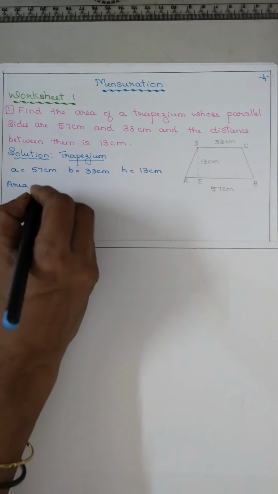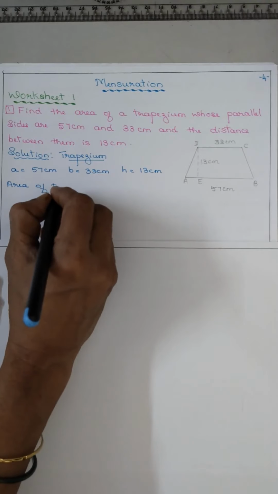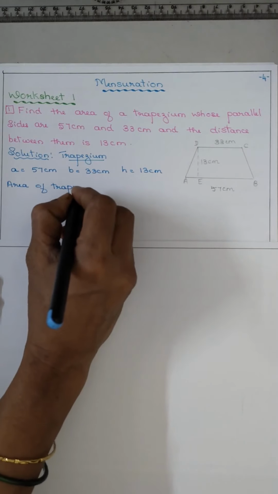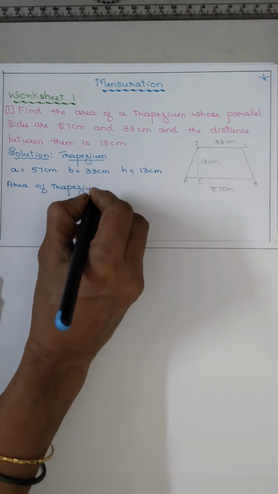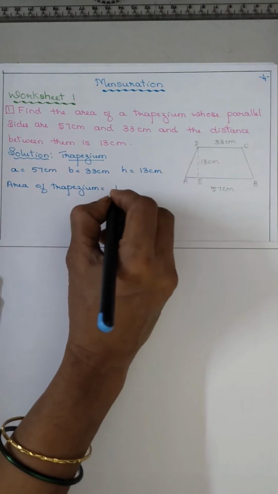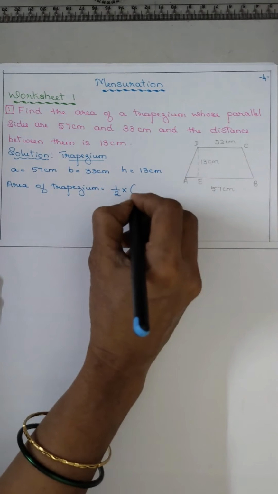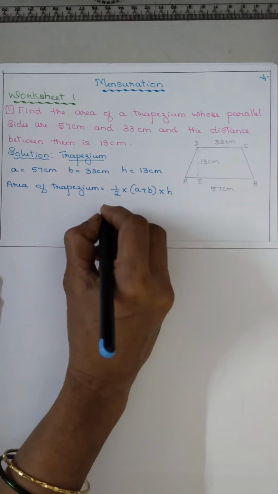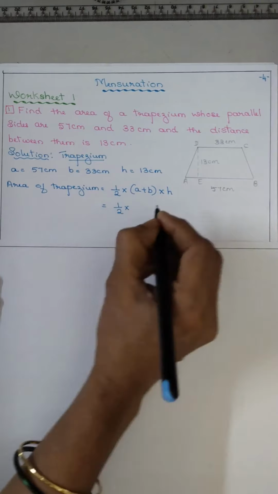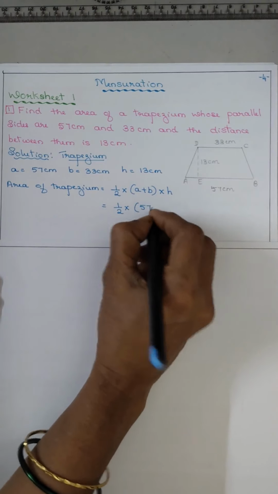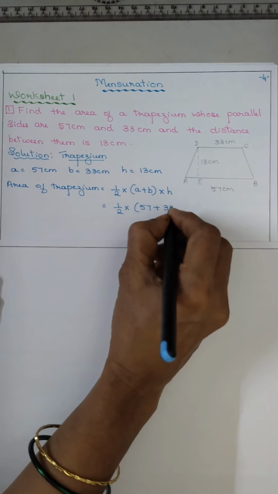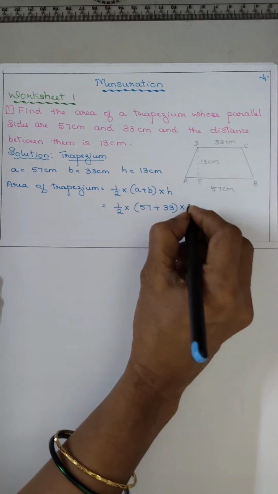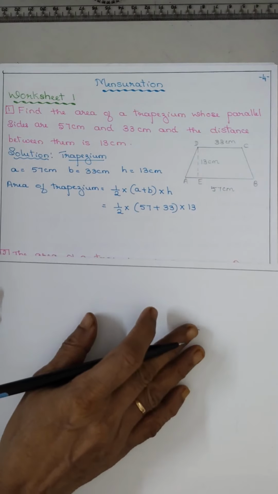So area of trapezium. Hope you know the formula perfectly. Half into A plus B into height, that is half into A is 57 plus B is 33 into height is 13.